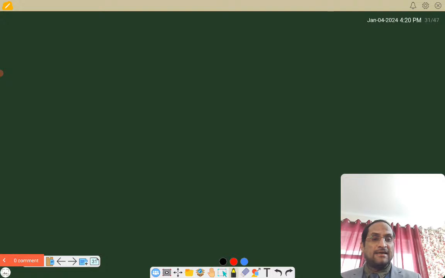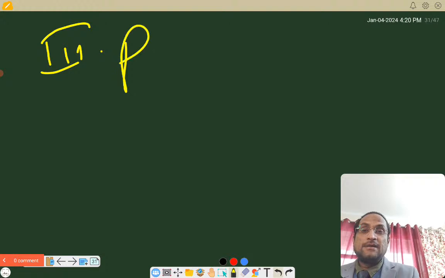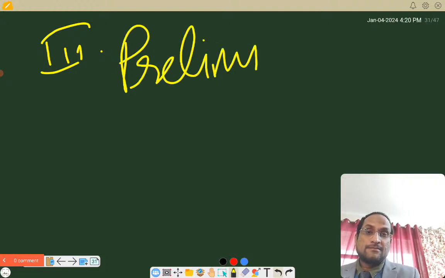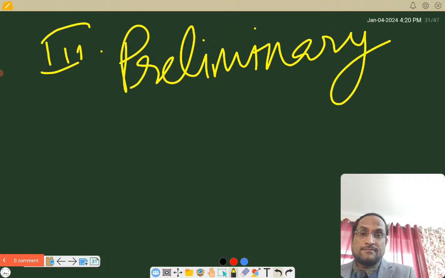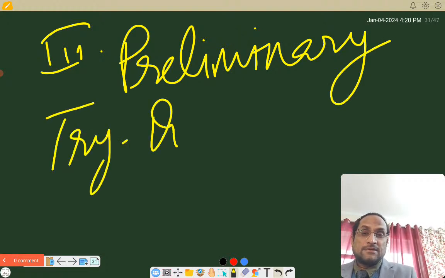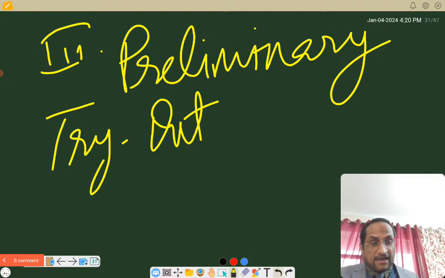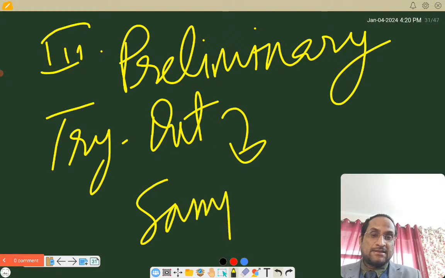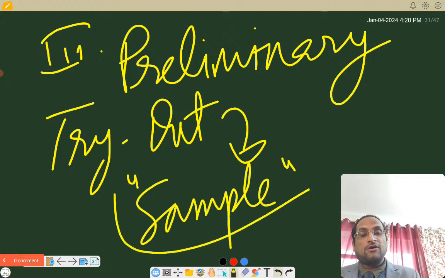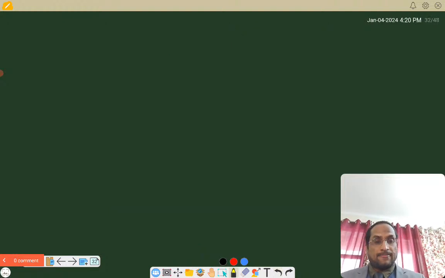Item writing: once you have written the items, then what will you do? Then you go for the third step, preliminary tryout. In the preliminary tryout, the test will be administered to a sample. This sample is a representative cross section of the population which is targeted by you for evaluating that particular construct.